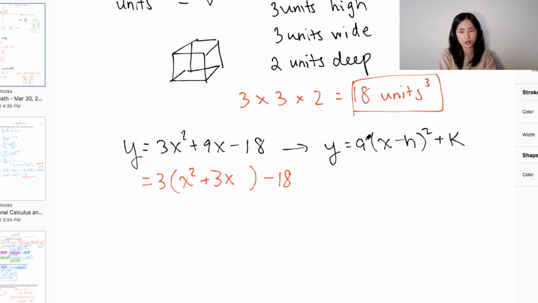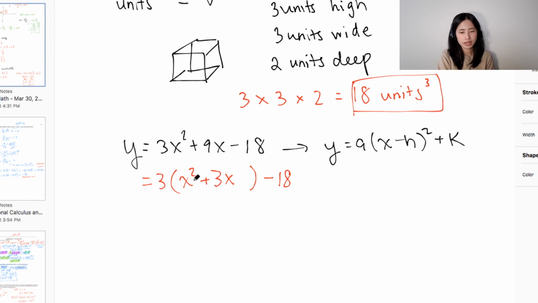That's how you're going to get to x minus h squared plus k. And you need to go back to this equation again and see whether these two are equal to one another, because if they're unequal, then your equation is going to be wrong.